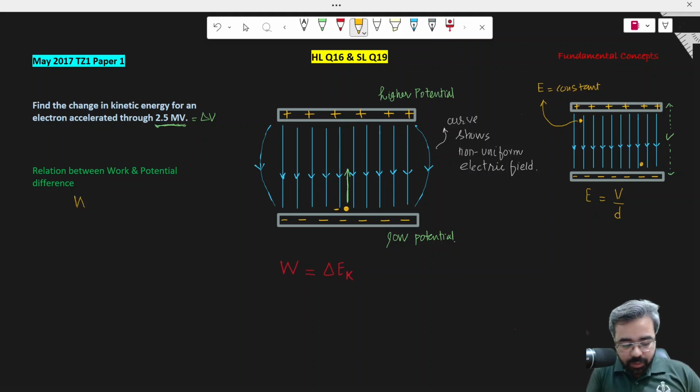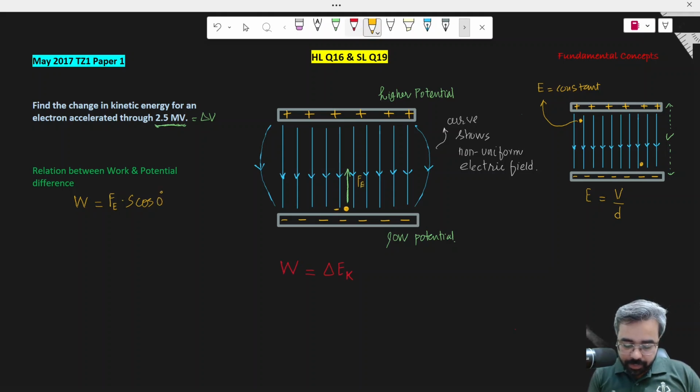Now, we will start quickly from the general formula of the work done, that says the electric force times the displacement covered, and the angle is zero in this case, because the electric force and the displacement are in the same direction.